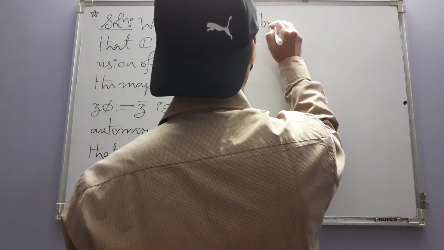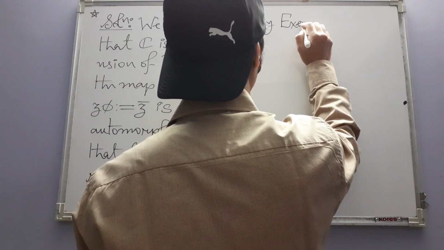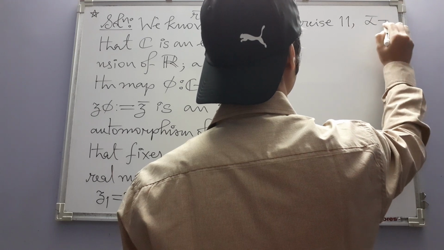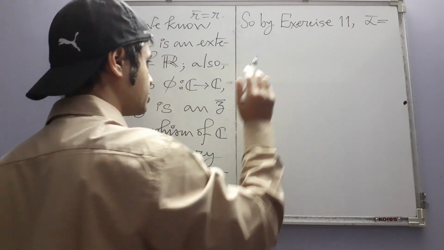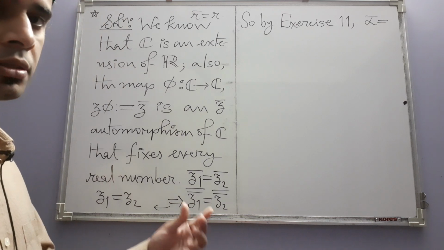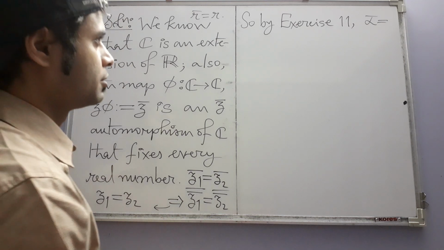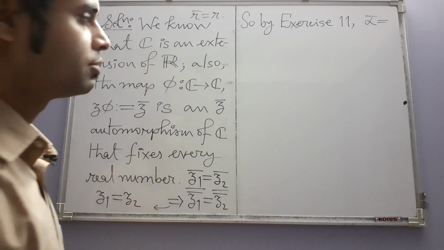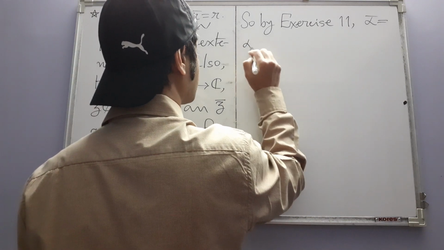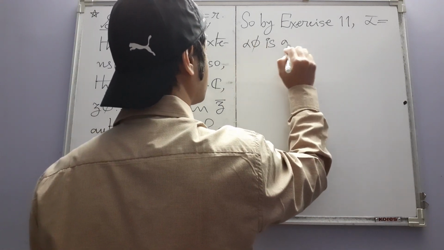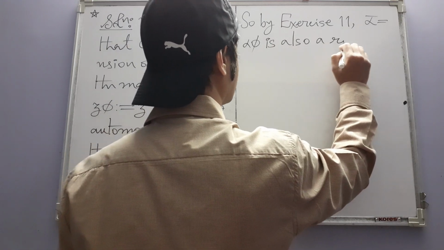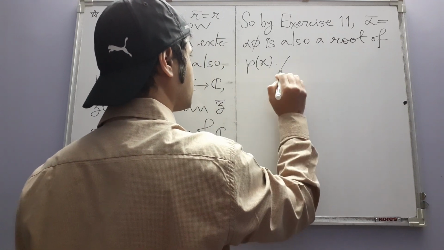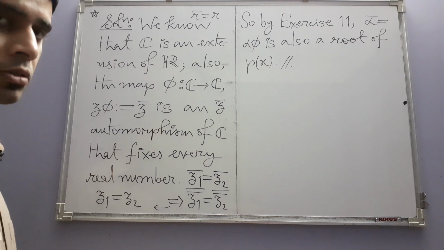So by exercise 11, it's given that alpha, the complex number alpha, is a root of p(x), the real polynomial. So the image of alpha under phi, which is alpha bar, will also be a root of p(x). And that's how the solution ends.